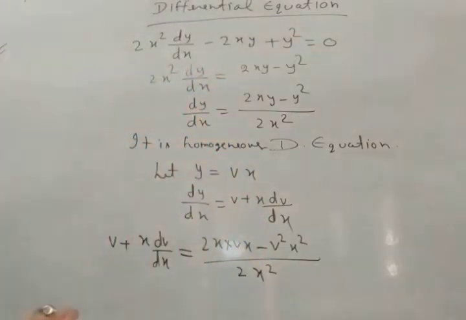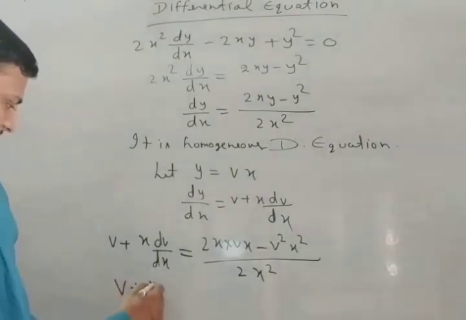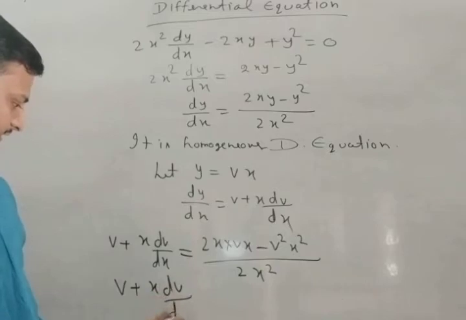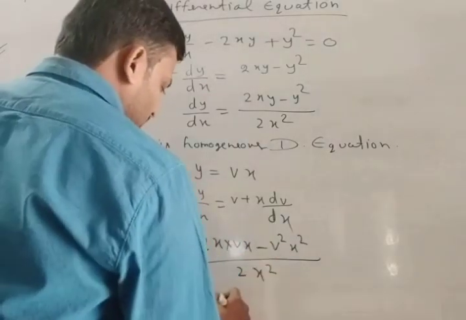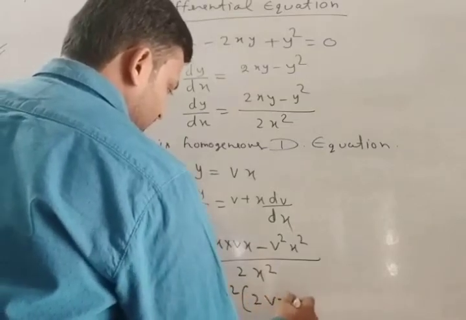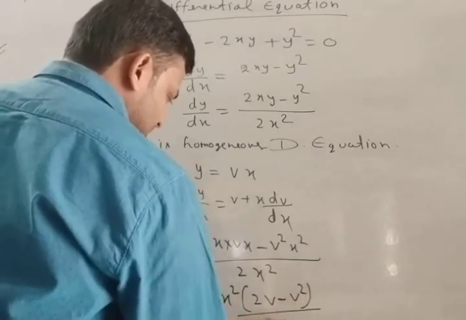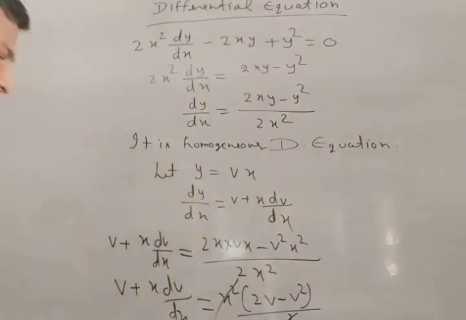Now v plus x dv by dx, here x square is common, so we take it outside, we get 2v minus v square by 2, and this x square and x square will be cancelled.